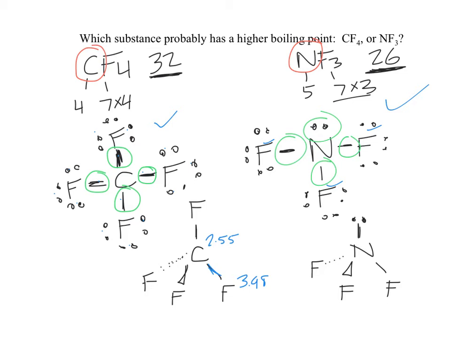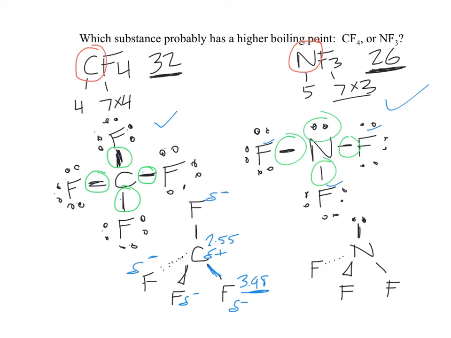If it's 0.4 or over, the bond is polar, meaning that one atom is getting the electrons more than the other. Fluorine has a bigger number, so it is winning the electrons. So fluorine gets a partial negative charge, carbon gets a partial positive charge. The same thing is going to happen along every one of these bonds. Every one of these bonds is polar.